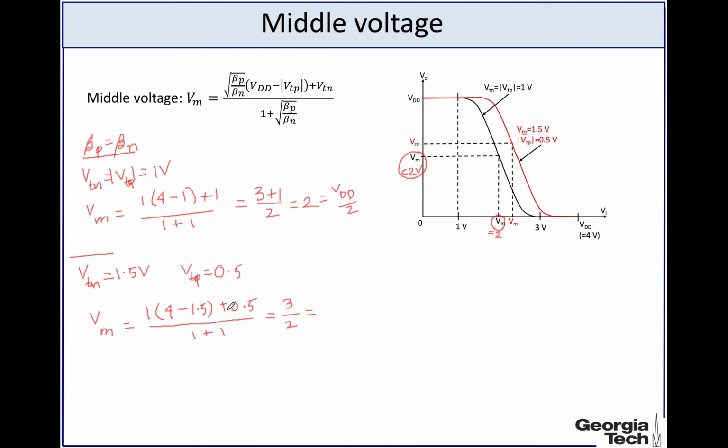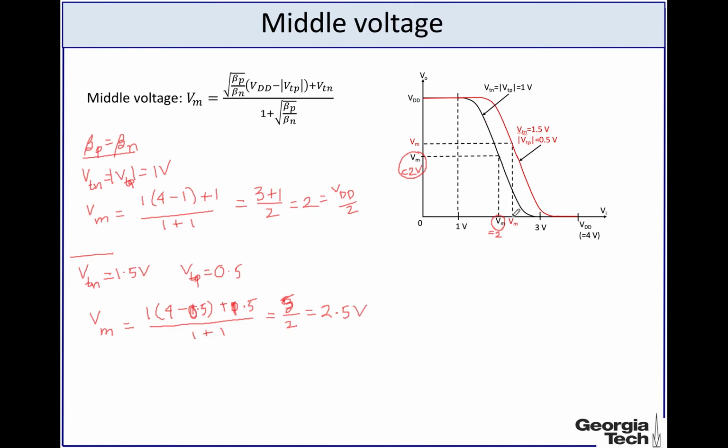Okay, sorry, I have made a mistake. So this should have been 4 volts minus 0.5 volts plus 1.5 volts, so this should have been 5 volts over 2, which is basically 2.5 volts.